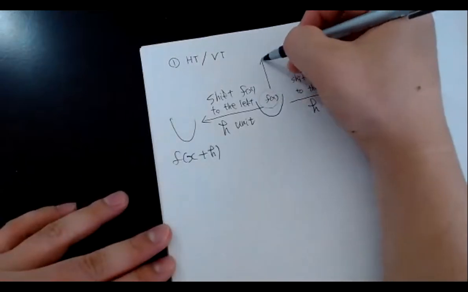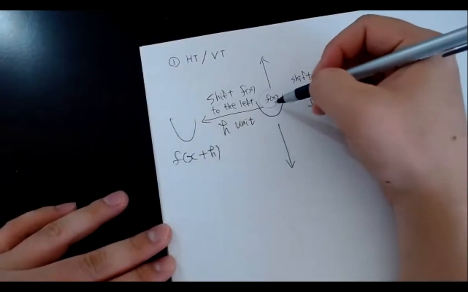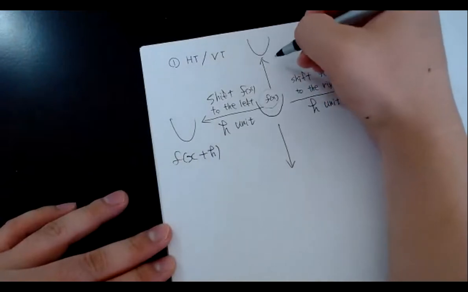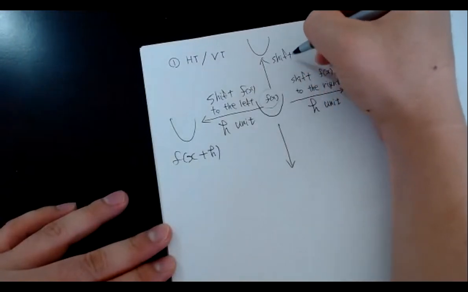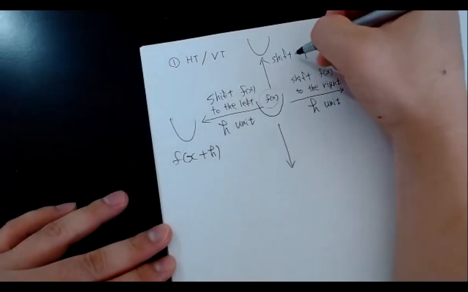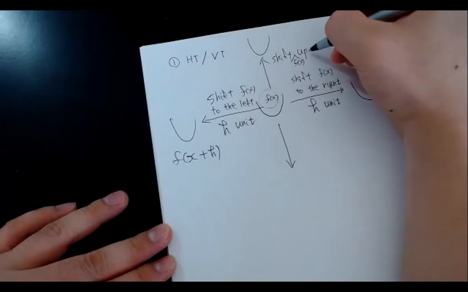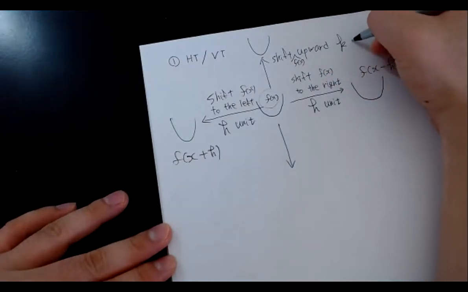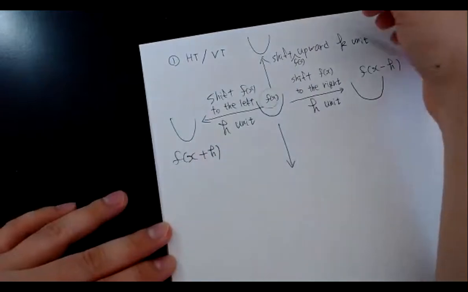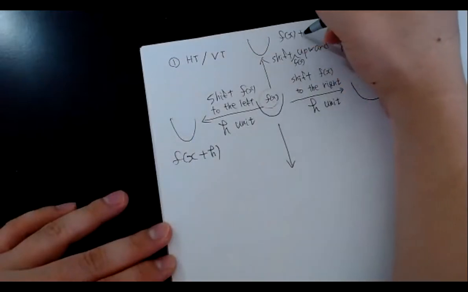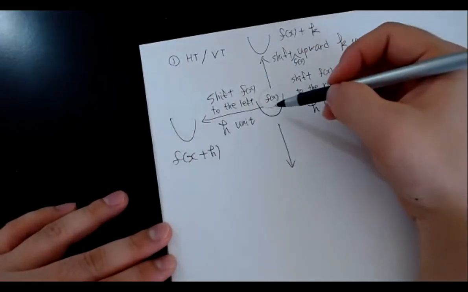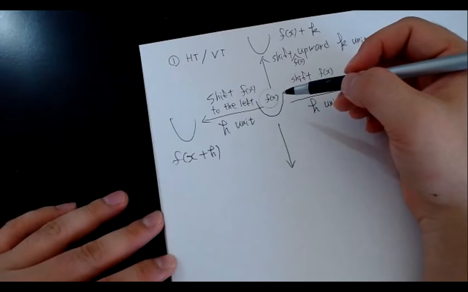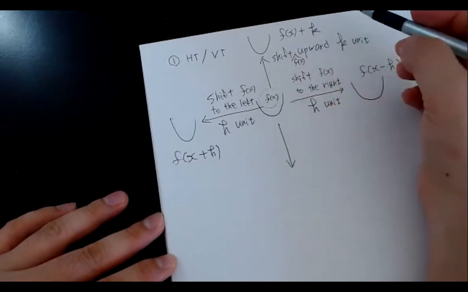What about upward and downward? If you move the graph of f of x upward k units, then the function f of x will be changed to f of x plus k.